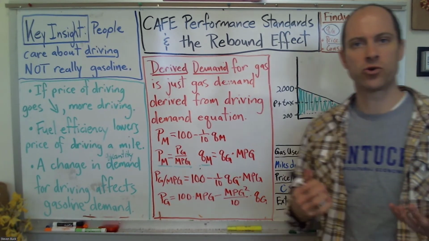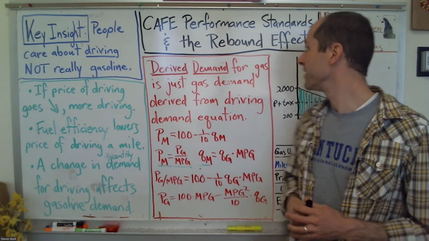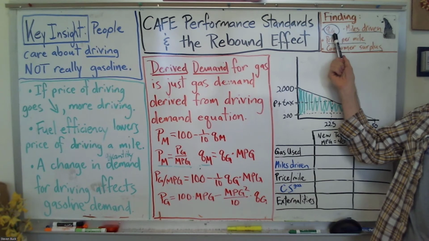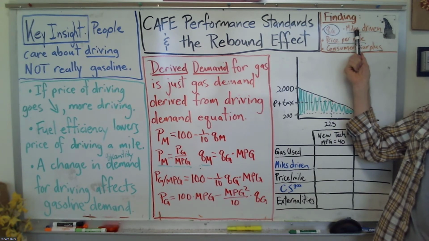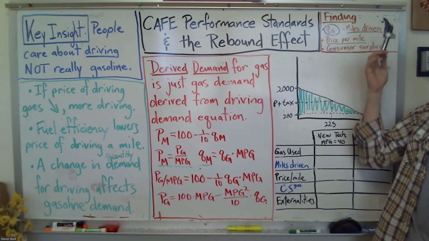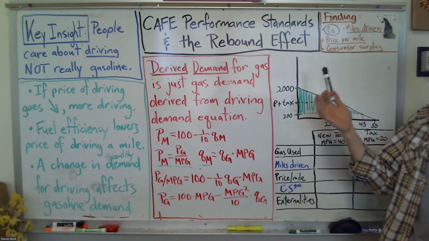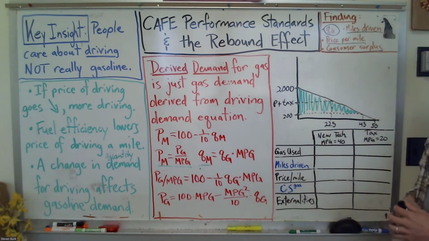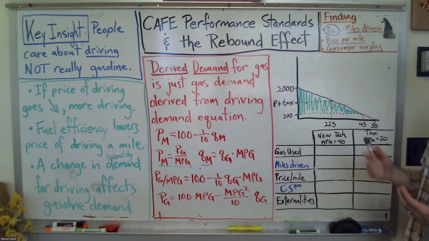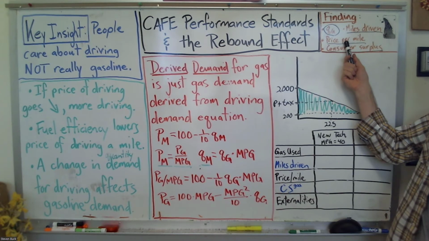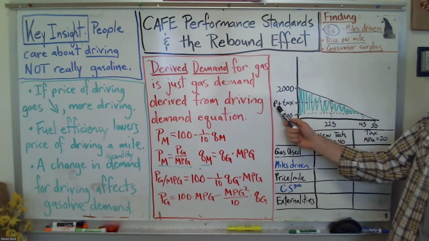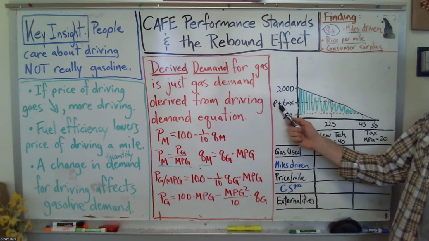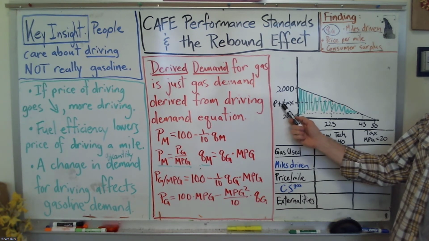Let's think about how this is going to affect some of the other measures of interest. If we're consuming only 22.5 gallons, then our miles driven is going to go down because we have the same fuel efficiency, but we're consuming less gasoline. So consumers don't like that. The price per mile is going to go up quite a bit because the price per unit of gasoline has gone up.